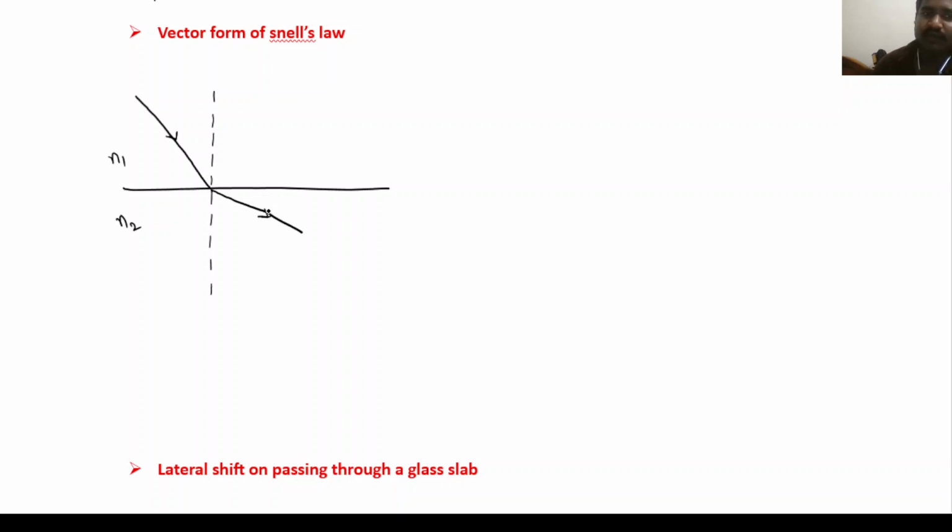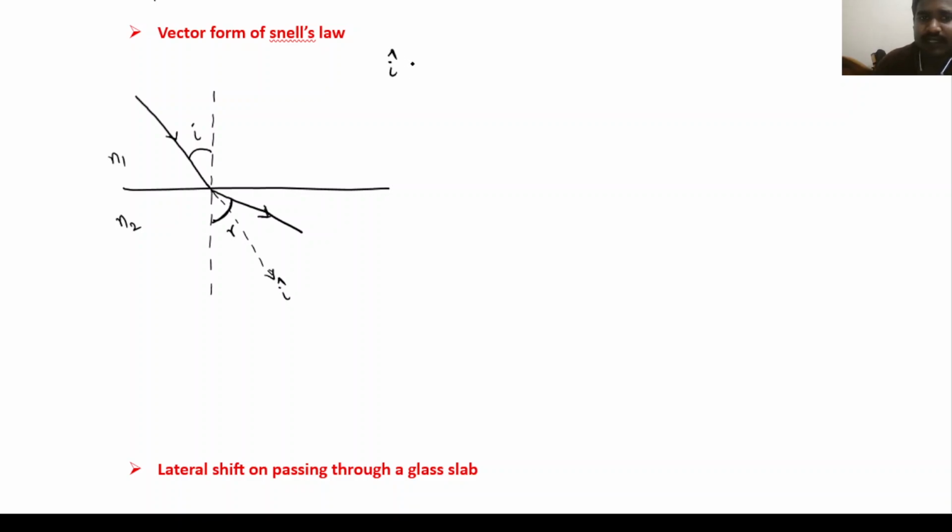I am not specifying whether it is a denser medium or rarer medium, so it is just a bending. Let this be your angle of incidence i, and here the angle of refraction r. Further, if you extend in this direction, it is your i cap direction.